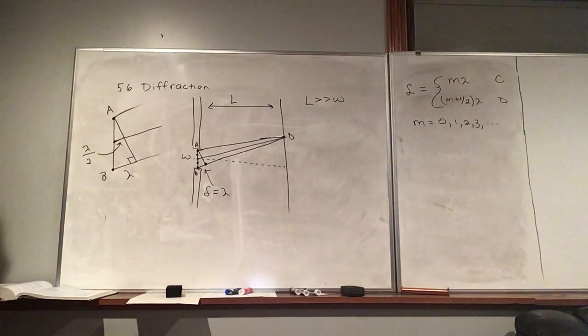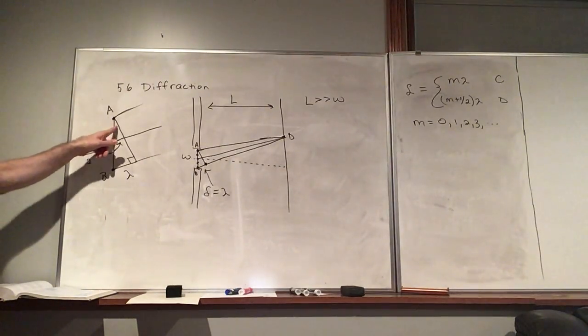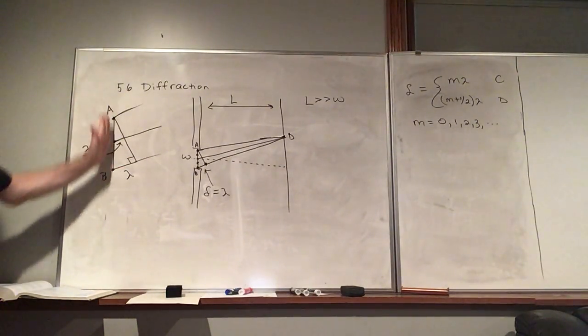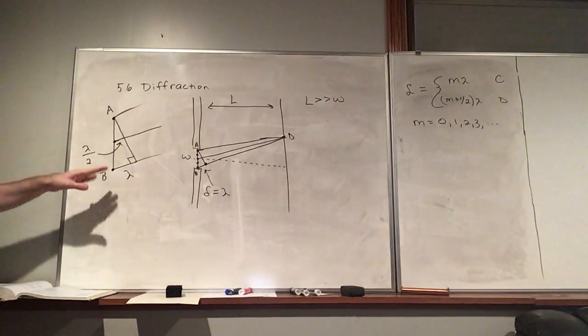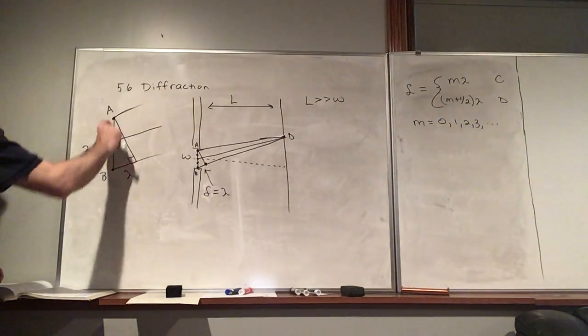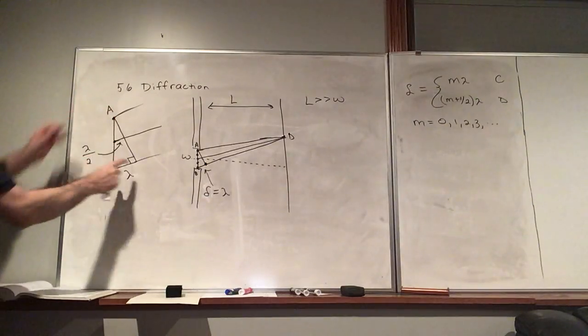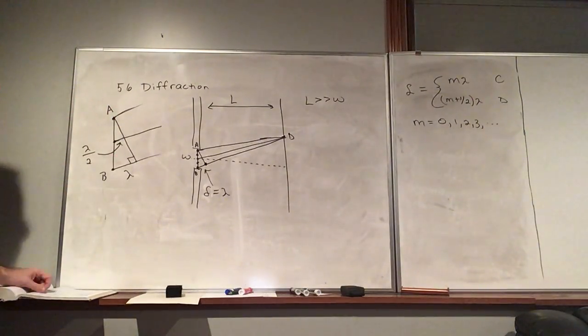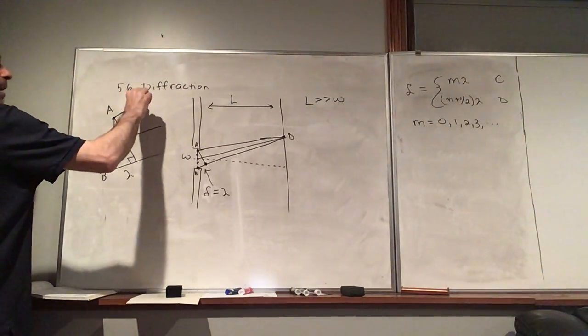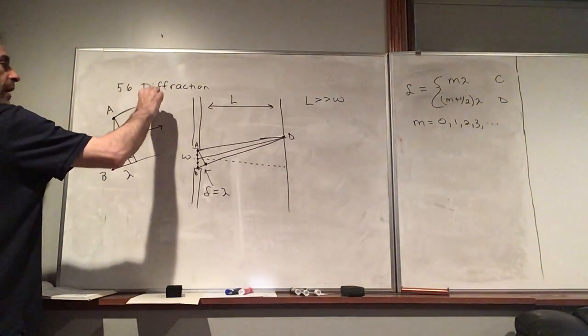It's just similar triangles. They have the same angle. So if this is half of that, then this one's going to be half of that one. And so we can see that these two rays are going to be out of phase.